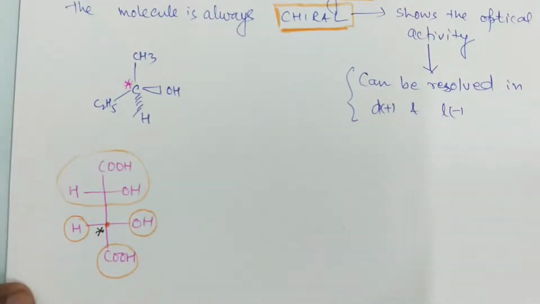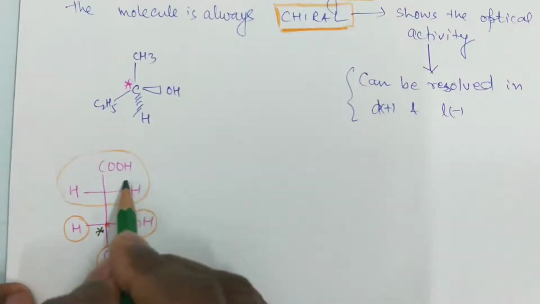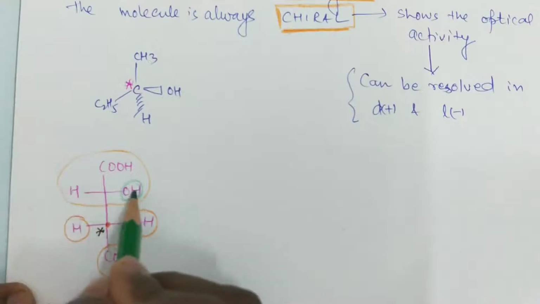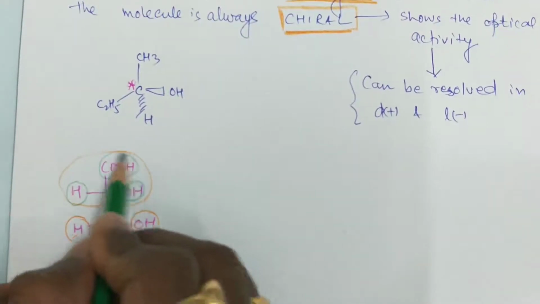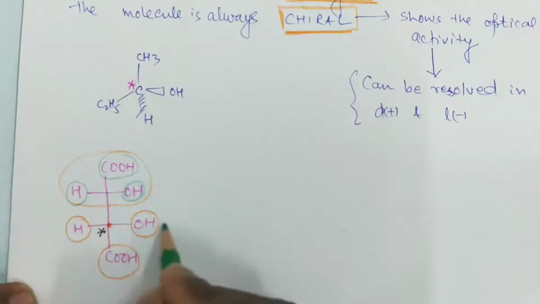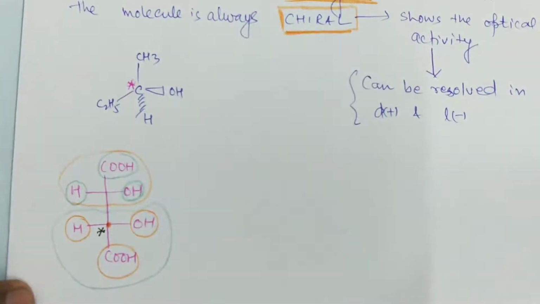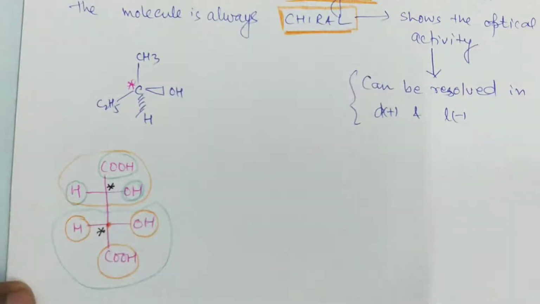But if you examine this other carbon, OH is a different group than H and CHO, three different, and for this carbon, this whole is treated as a group. So this is also stereogenic.